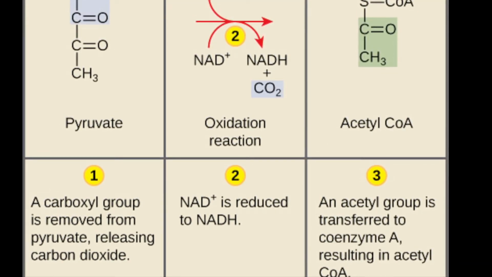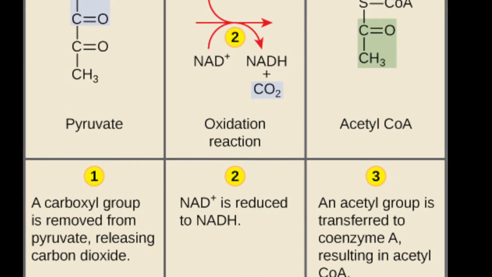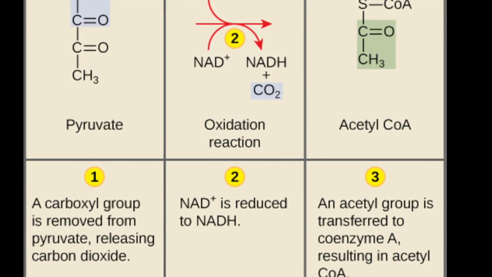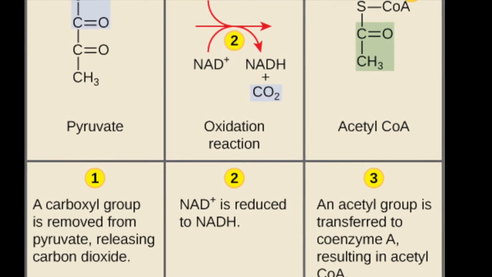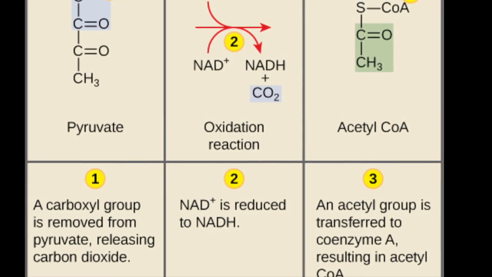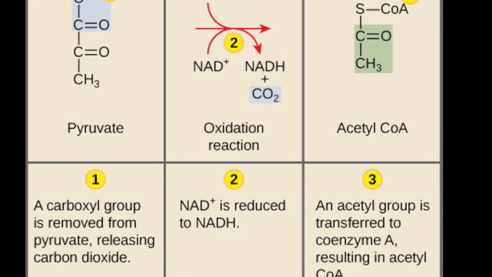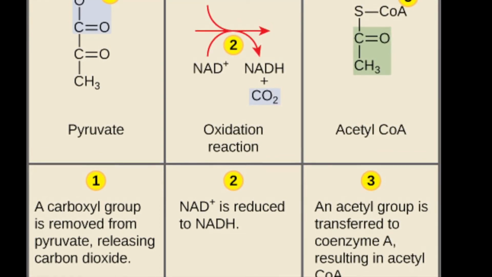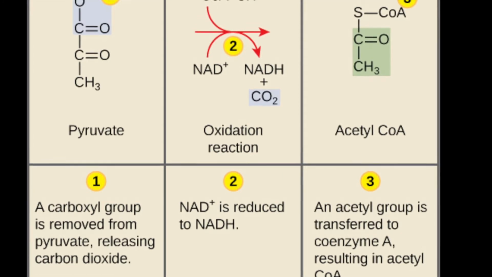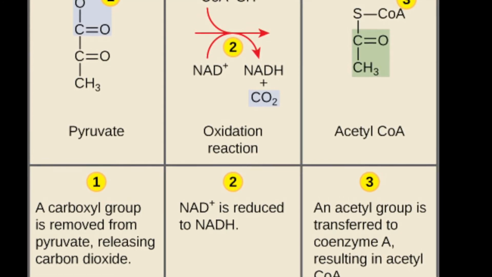The steps above are carried out by a large enzyme complex called the pyruvate dehydrogenase complex, PDC, which consists of 3 interconnected enzymes and includes over 60 subunits. At a couple of stages, the reaction intermediates actually form covalent bonds to the enzyme complex.